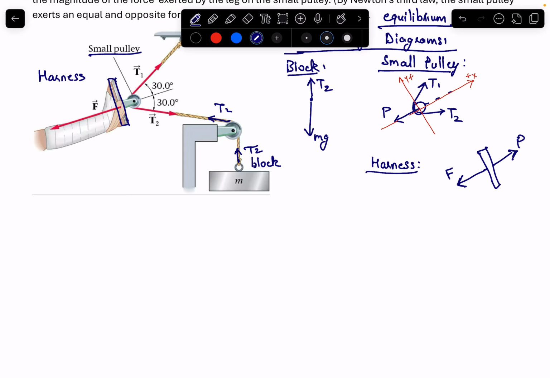Let's look at my forces now. So for the block, summation of F_y is equal to T2 minus mg.